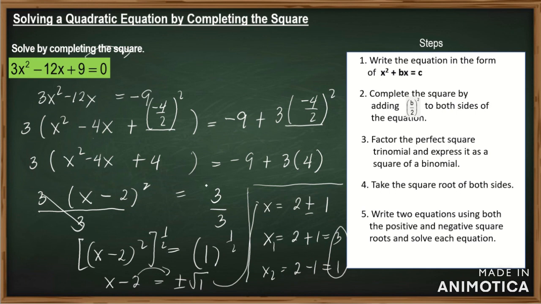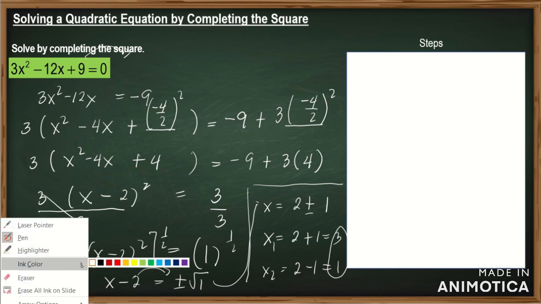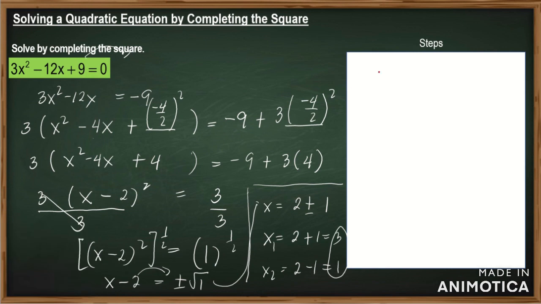Again, this equation can be solved by factoring since the resulting solutions are integers. Let's check if that results to an integer using factoring. Okay, so we have here 3x squared minus 12x plus 9 equals 0.